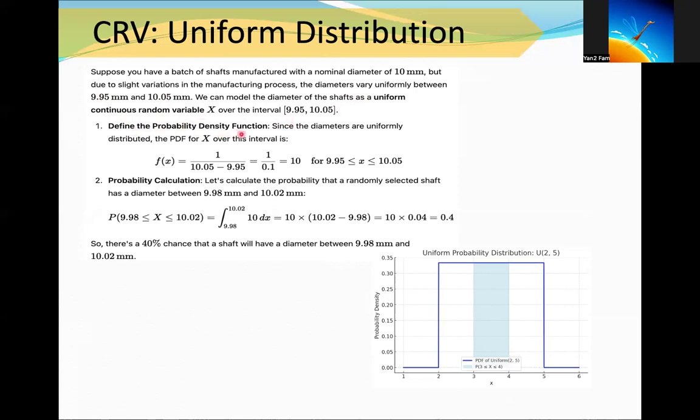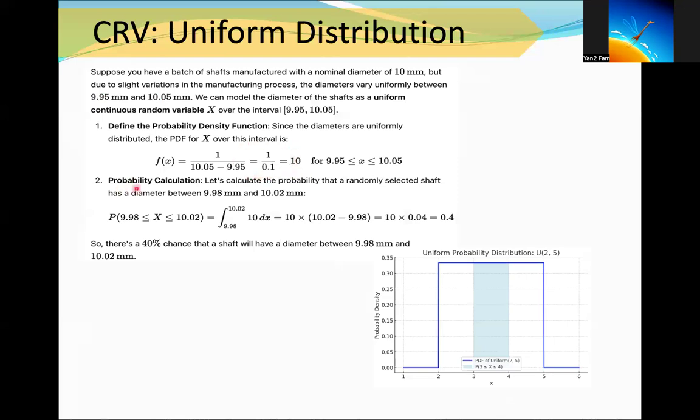Define the probability function: since the diameter is uniform, it's not changing, so we can find the probability function very easily. We just plug a and b in, and then we get the probability density function as 10.